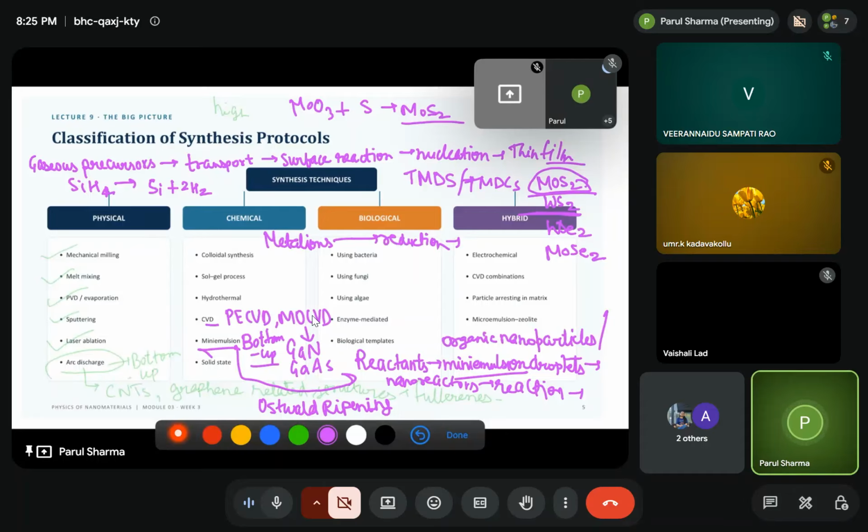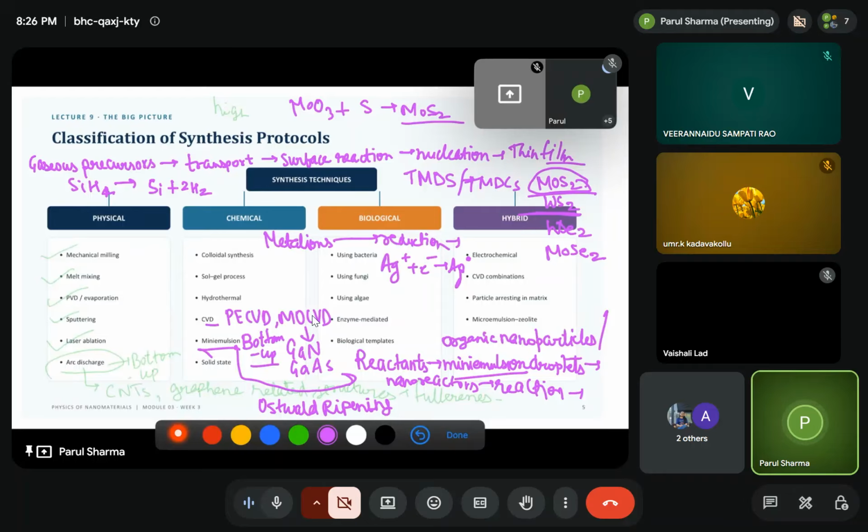So the basic idea is that some bacteria have the ability to interact with metal ions present in their environment. Suppose we introduce silver ions. So bacterial cells contain biomolecules such as proteins, enzymes, amino acids. Some of these biomolecules can act as a reducing agent, and silver plus electron will give the neutral atom.